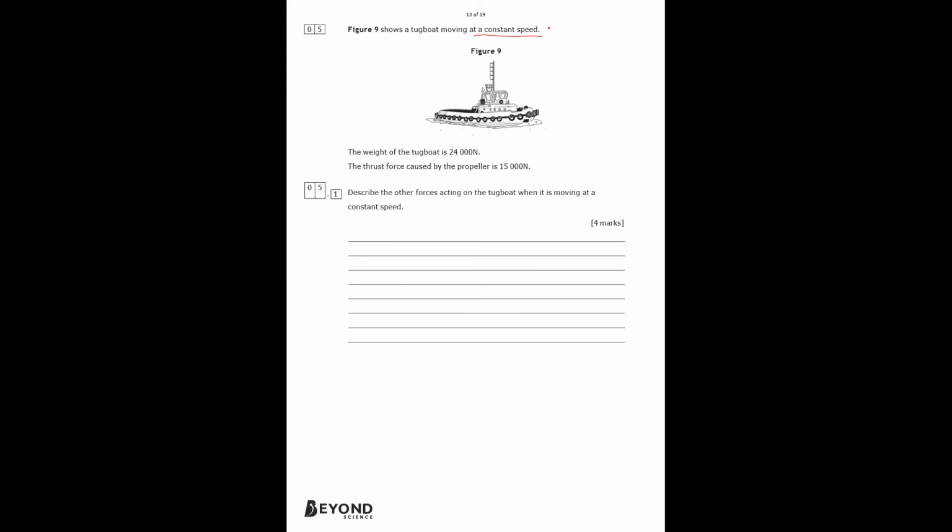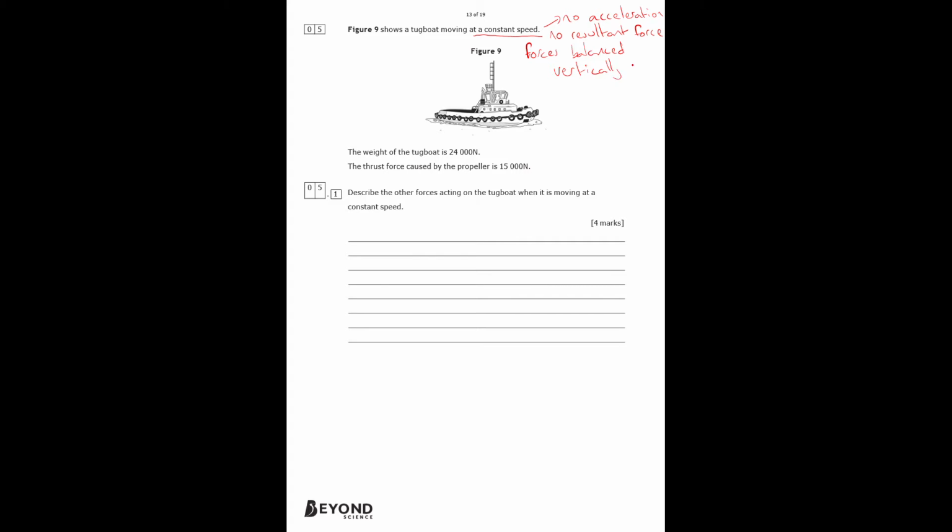Firstly, this word: constant speed. Constant speed tells us we have no acceleration. If we have no acceleration, we also have, therefore, no resultant force. That means the forces must be balanced vertically and horizontally.